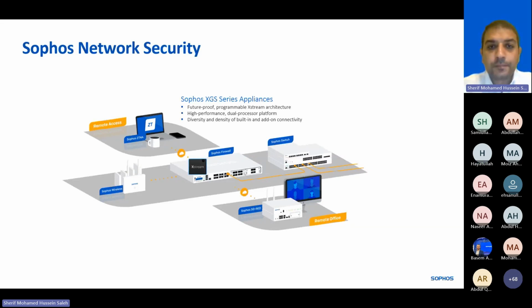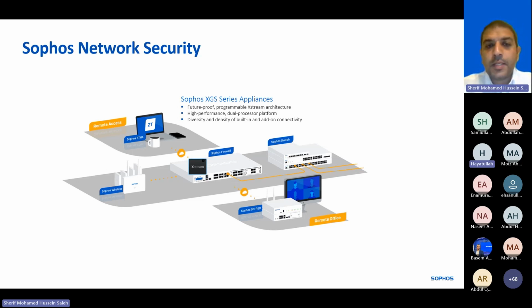and also high capabilities for connectivity and different add-on connectivity as well. When Sophos started designing the XGS, the main concept was to provide future proofing. All the components inside the firewall hardware are reprogrammable, and this is a key point in the Xstream architecture of the XGS.